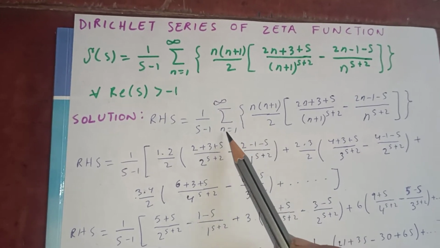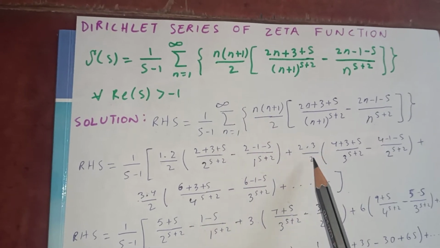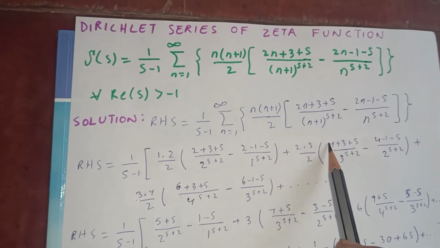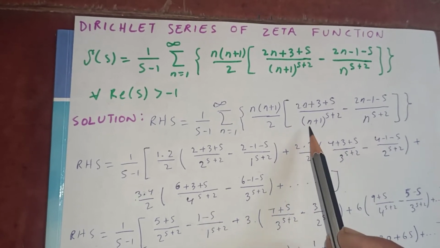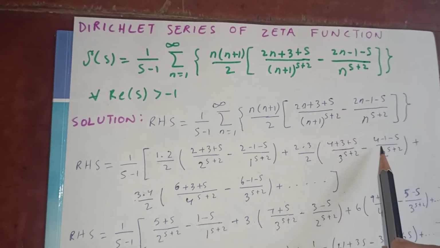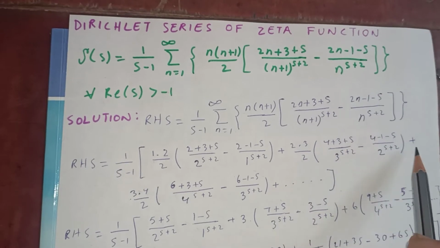Now for n equal to 2, 2 times 2 plus 1 is 3 upon 2, times 4 plus 3 plus s upon 2 plus 1, 3 to the s plus 2, minus 4 minus 1 minus s upon 2 to the s plus 2, plus.